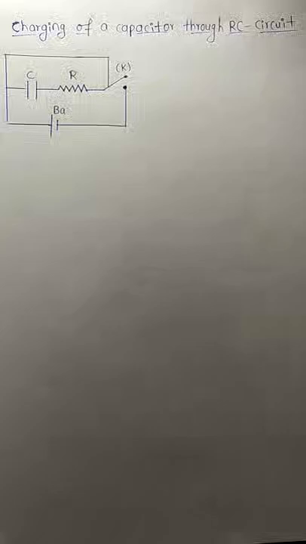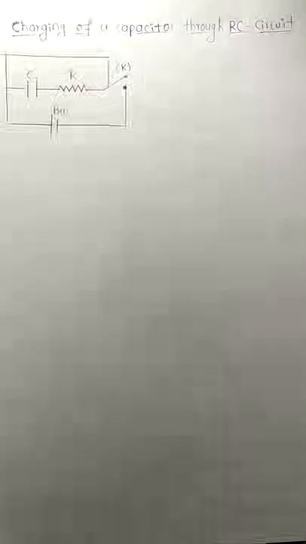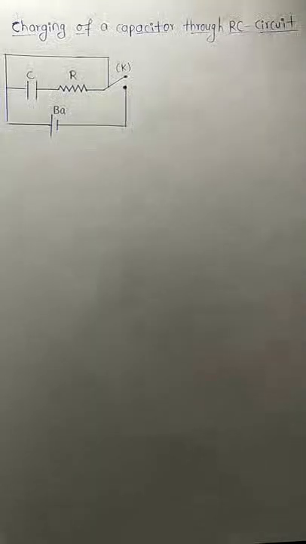So in the last class we studied the growth and decay of current through the RL circuit. We are studying the types of transient circuit. The first circuit we studied is the RL circuit. An RL circuit is nothing but a resistor and an inductor connected in series with each other.